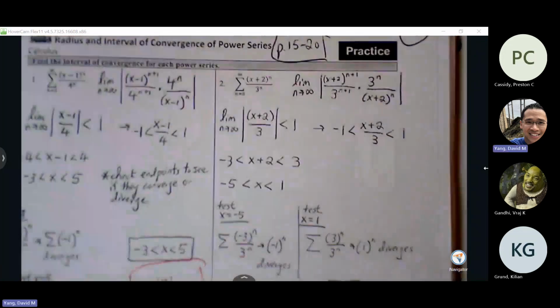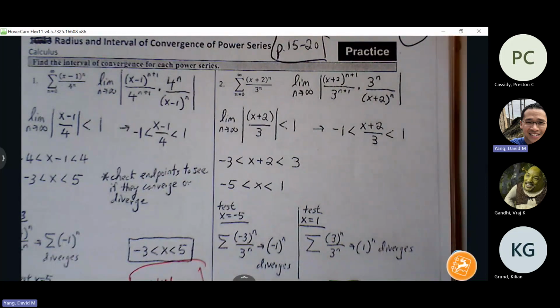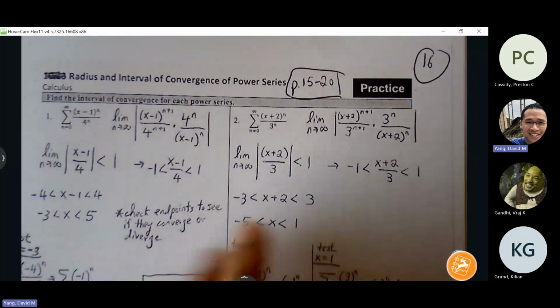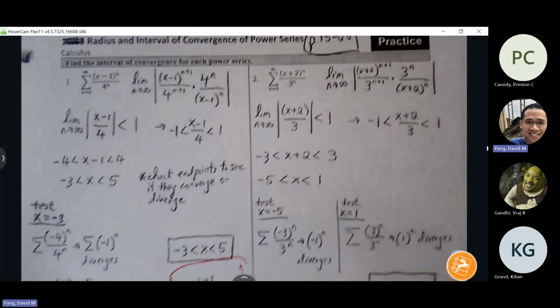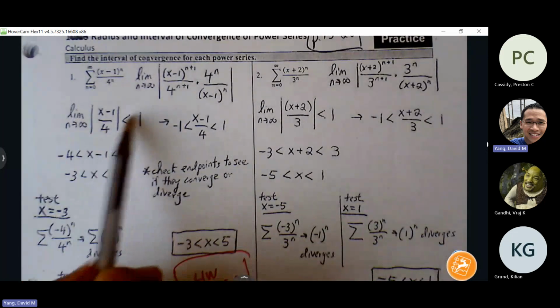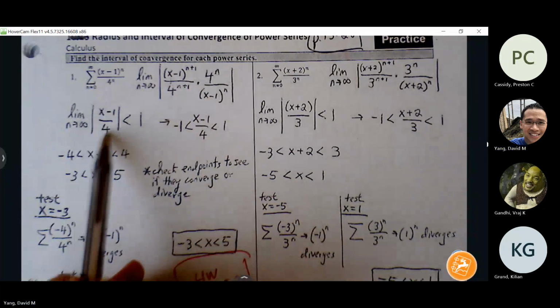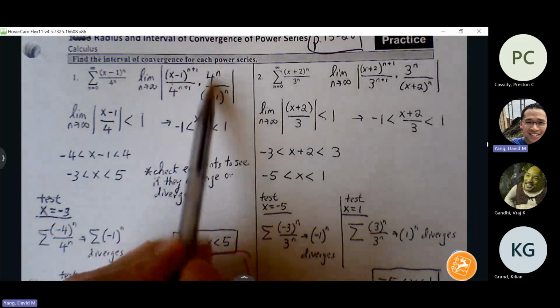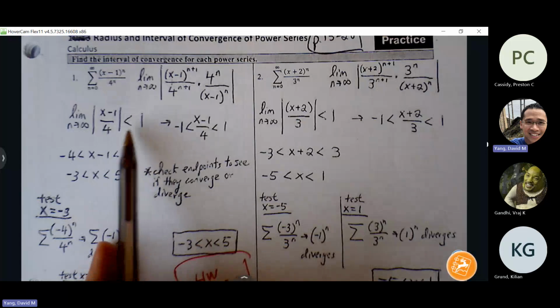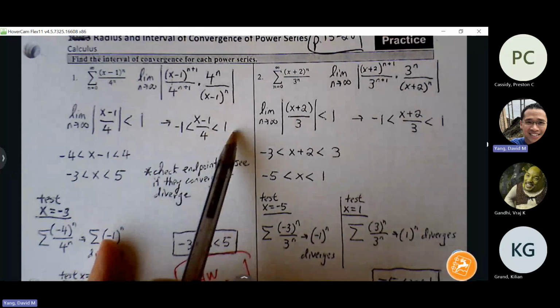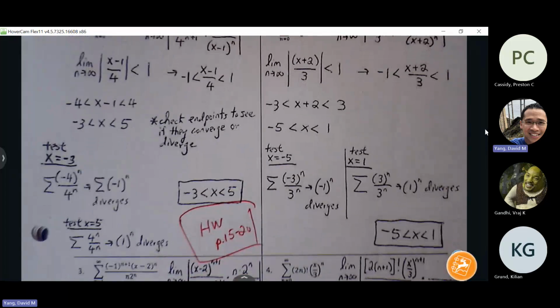Okay, all the interval of convergence problem varieties are on page 16 in your notes packet. You have ones where the n's go away, and if they go away, you can just focus on your interval of convergence, which is going to be absolute value of x minus c is less than r, and we have to test the endpoints.